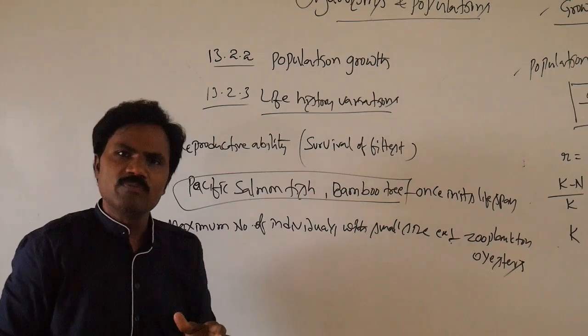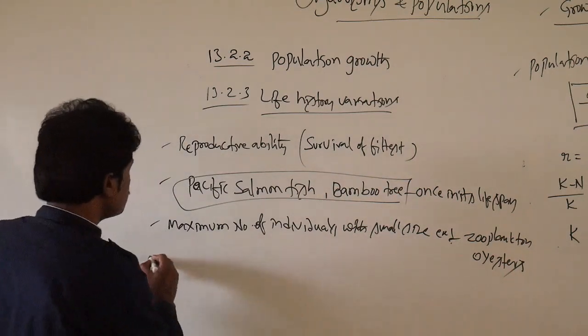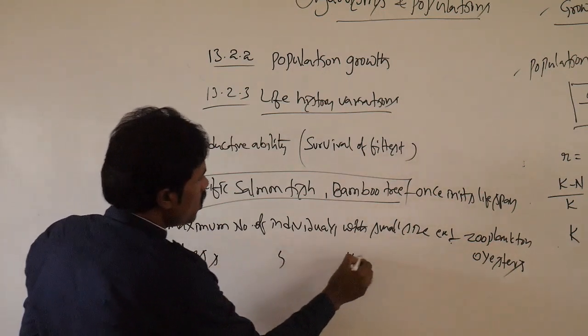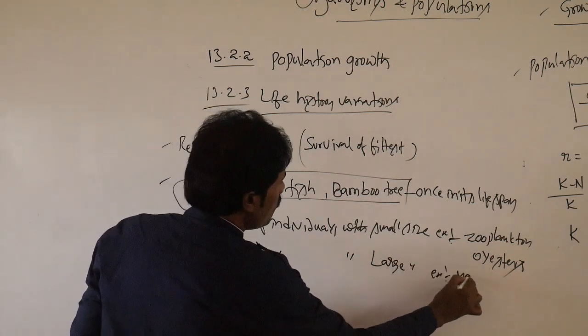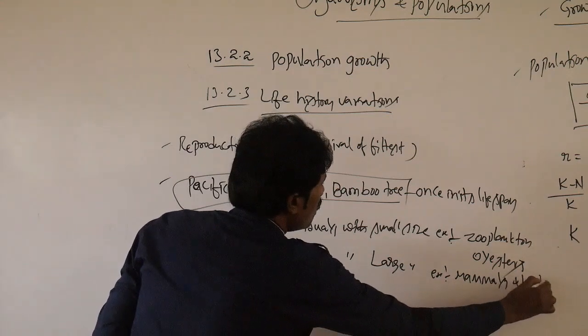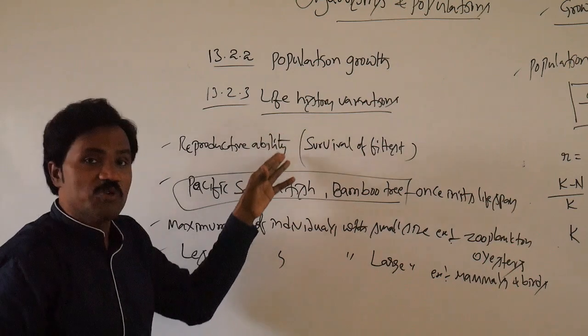Some organisms produce fewer individuals with large size. Examples are mammals and birds. Like that, life history variation.